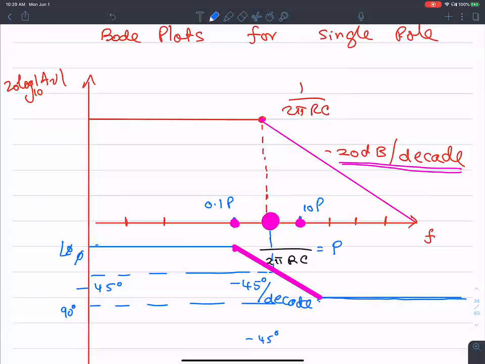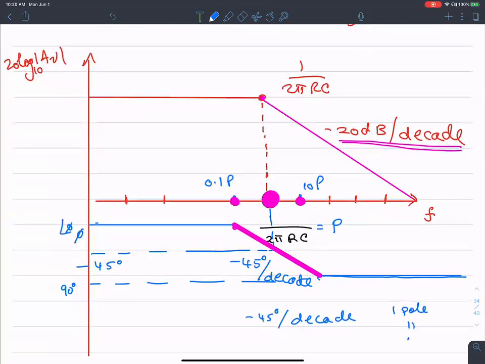So a single pole contributes 90 degrees of degradation in phase overall, from 1/10 of the pole frequency to 10 times the pole frequency. This is what we would expect to see with phase response. This is the idea of the Bode plot.